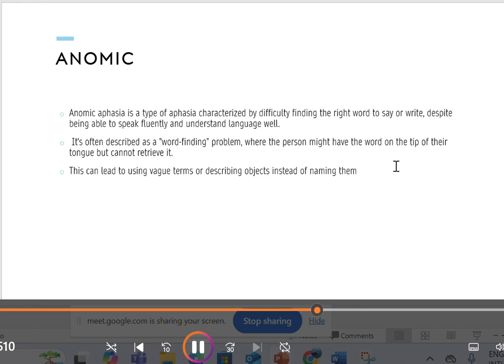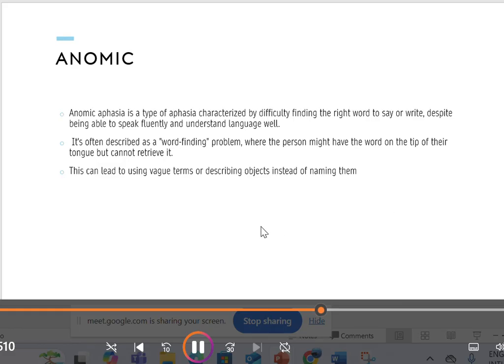The person is able to speak fluently, able to comprehend the language well, but what happens is that he is not able to pick up the right words. Example as I gave, when I have to say ball, I am not able to get the right word for that. Is it ball or is it bat? I am not able to properly get the right word. That is known as anomia or anomic aphasia.